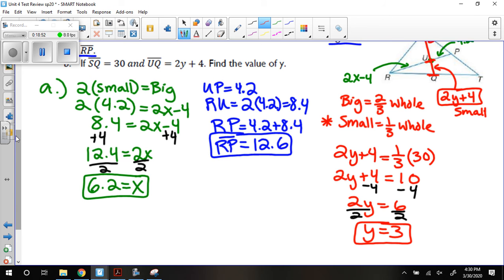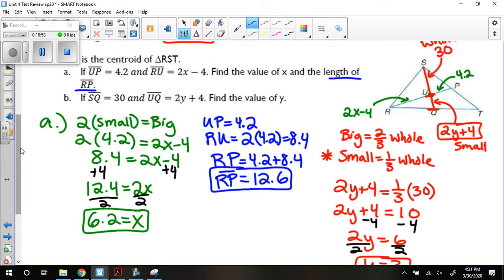They don't want you to plug back into anything. But just in case you were wondering, if the whole thing is 30, then that means SU, the bigger piece, is going to be 20, and the small piece is going to be 10. Because remember, 2 times the small piece is the big piece.